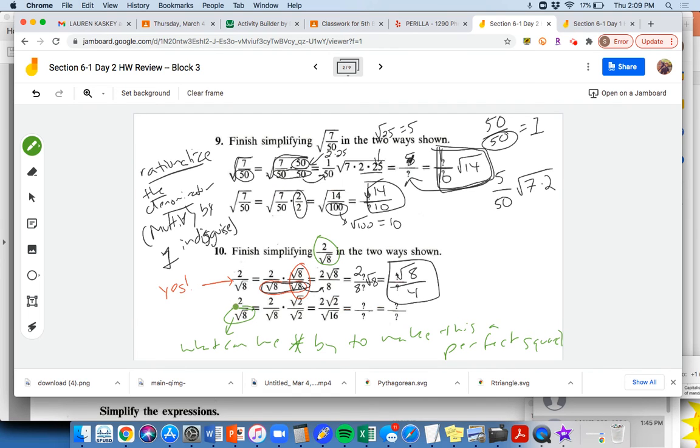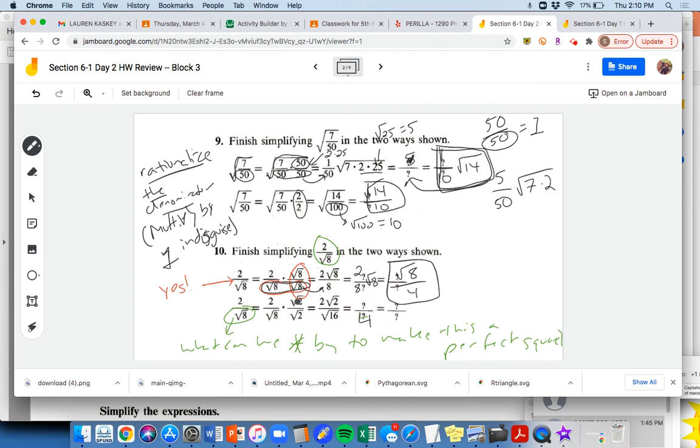And the reason you can ask that is because if you have a perfect square, you can rationalize it, because you can actually take the square root and then you have a rational number here. That's what this is getting at. So if I have root 8 in the denominator, I might as well just multiply by root 2 because that can make my denominator root 16. And then root 16 equals 4, okay?